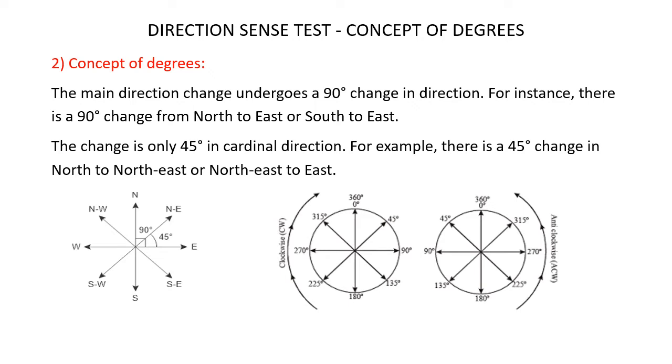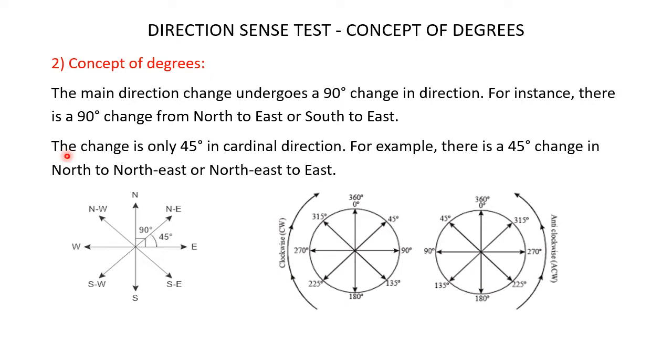That is, if you move from north to east, then there will be a 90-degree change. Similarly, from east to south, from south to west, and from west to north, there will be a 90-degree change.